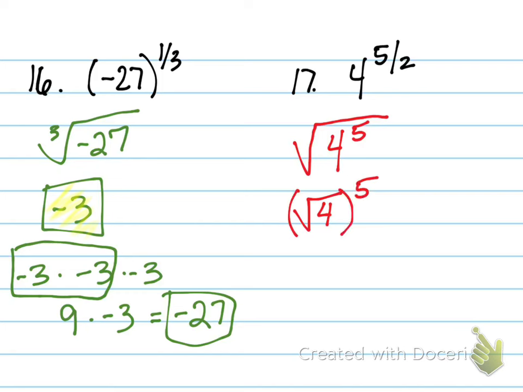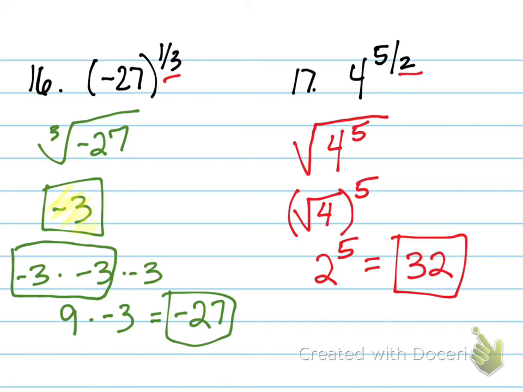Well, the square root of 4 is 2, and 2 to the 5th power we found out earlier was just 32. So the answer would be 32. If you were asked to do this without a calculator, that is how you would solve it. If you're doing your homework, I would highly suggest checking it in your calculator just to be sure. But my suggestion is always to do the roots first, so do the denominators first, and then do the numerator last.